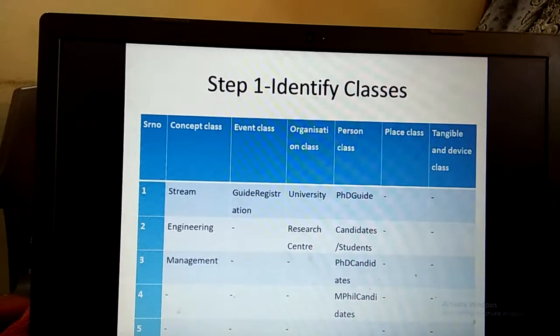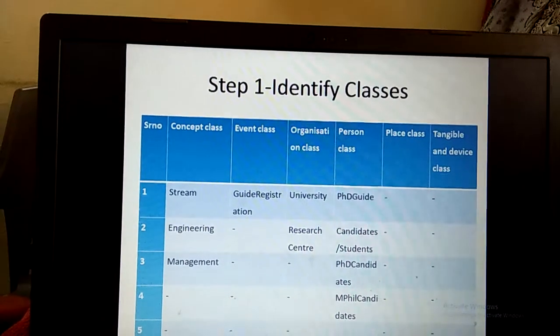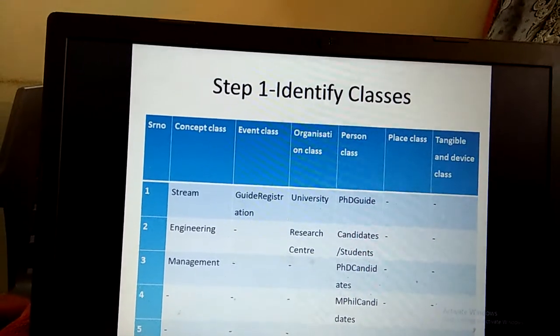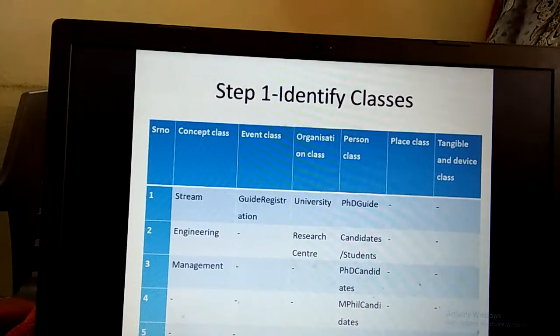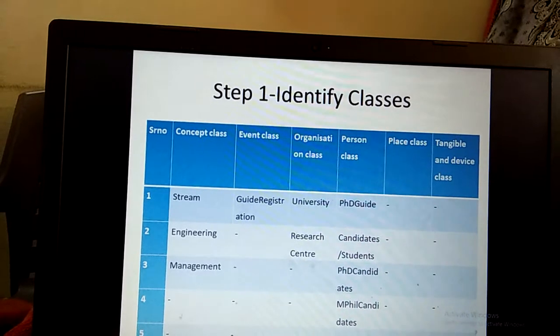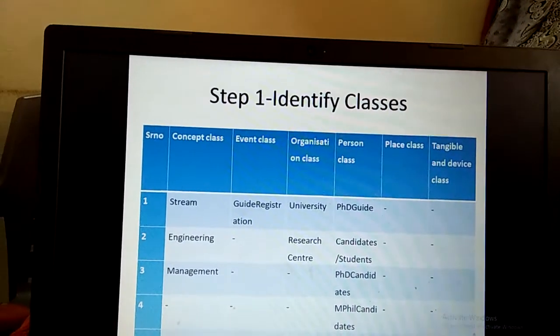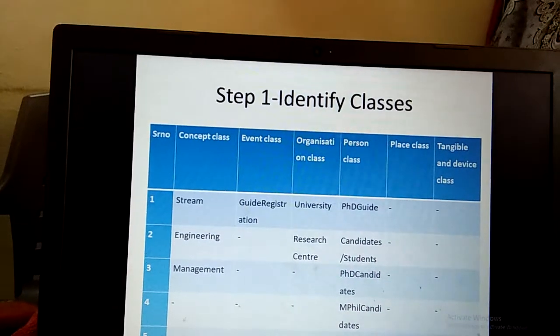One approach is the CRC cards approach, which stands for class, responsibilities, and collaborators. Another is the noun phrase approach, and the last is the use case driven approach. So let us see how we have identified these classes using the common class approach.